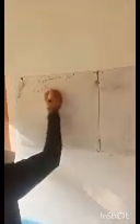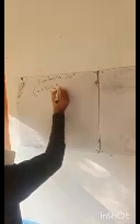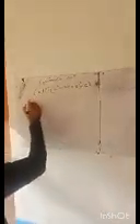A plus b into a square minus ab plus b square is equal to a cube plus b cube.